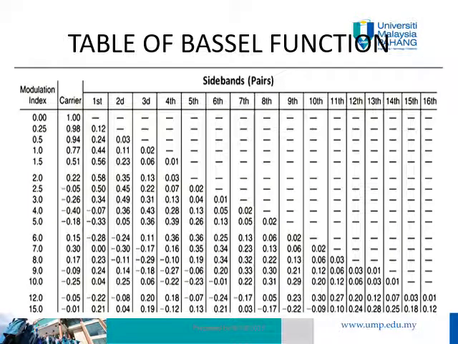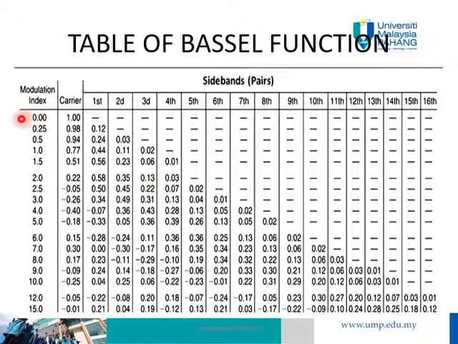That graph has been converted into a table known as the table of Bessel functions, where we have the modulation index and the values of J0, J1, J2, J3, J4 until J16. How are we going to read this table? Same as we read the graph just now.